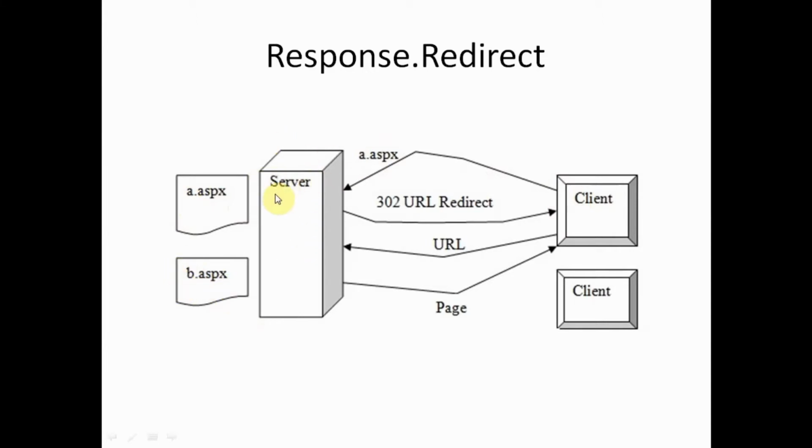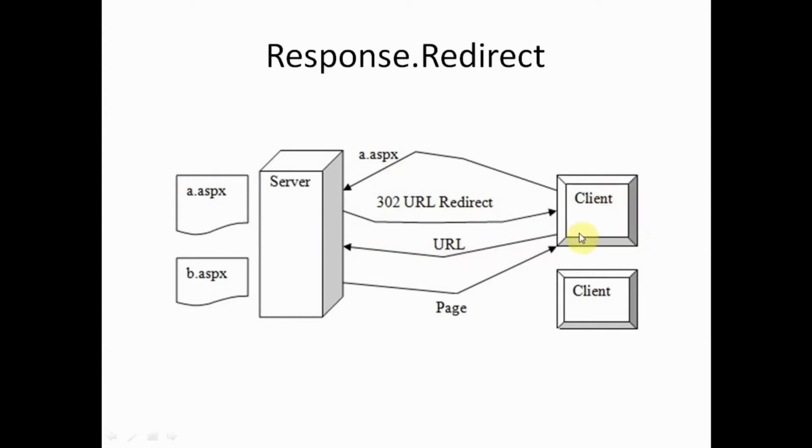So, server will send 302 status code. Along with that, server will send the new URL that is to be used for redirection by the client. So client will receive 302 code, new URL and redirection message. So now client has to use the new URL to request for the page.